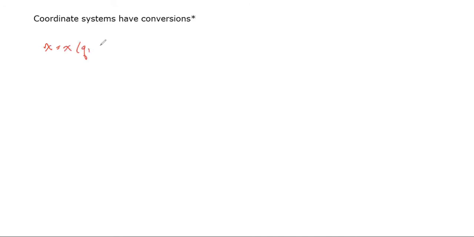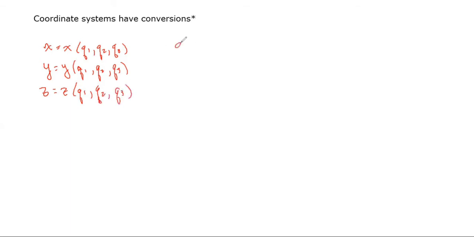So x is generically, for some other coordinate system, a function of q1, q2, q3. Y is generically a function of q1, q2, q3. And z generically is a function of q1, q2, q3. So you pick another coordinate system, and I should be able to convert back and forth in between that and a home coordinate system.